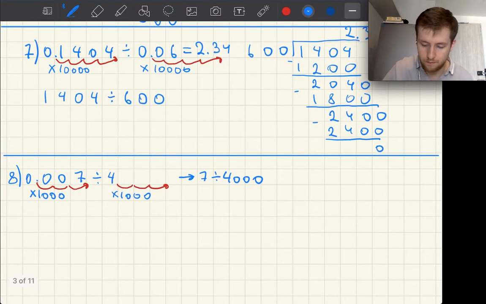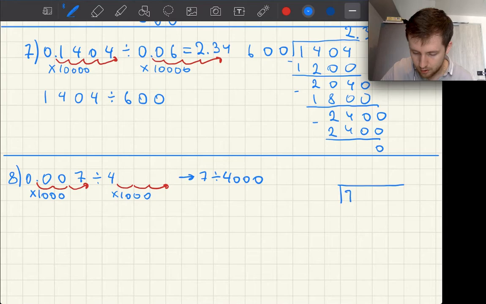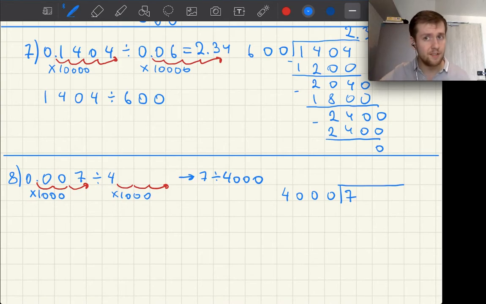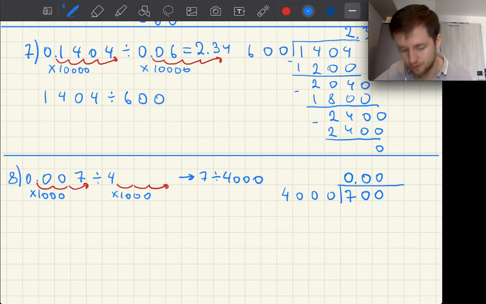That's an interesting division. So 7, let's write it here, divided by 4000. Of course, 4000 is not going to fit into 7, so we write 0 here. We add another 0 here. 4000 is not going to fit into 70 as well, so one more 0. And 4000 is not going to fit into 700, so another 0.